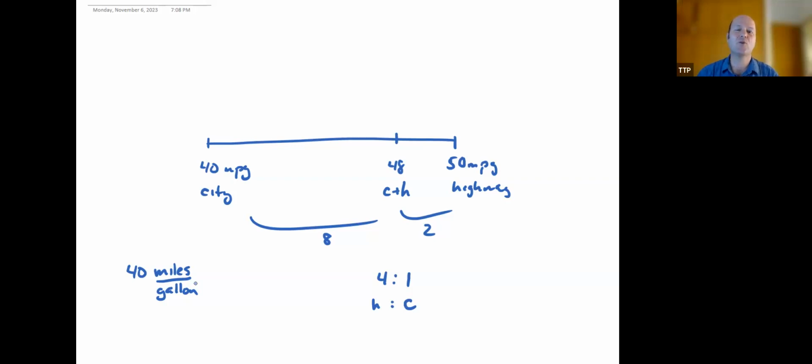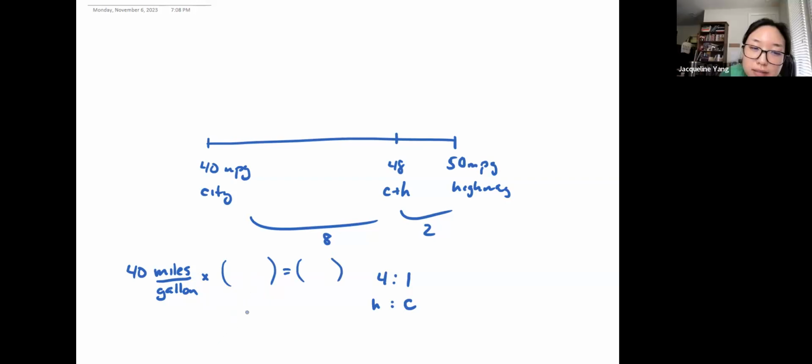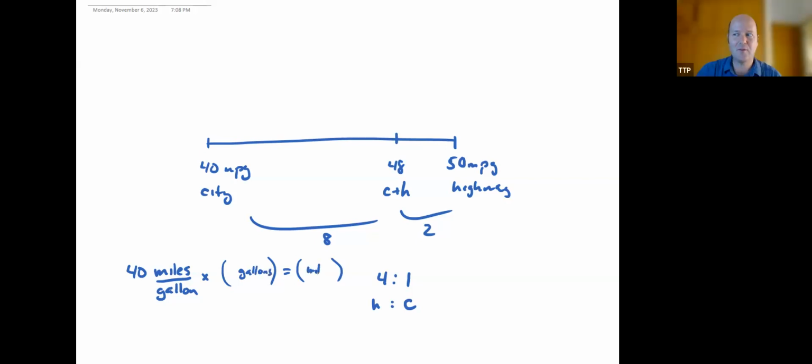What is the natural multiplier? Remember, whatever you would naturally multiply the stat by is what the weight ratio unit is in. So looking at this unit, miles per gallon, what are you going to multiply by to get something else? The key's in the unit. It tells you everything you need to know. Gallons. And then you'll get miles from that.